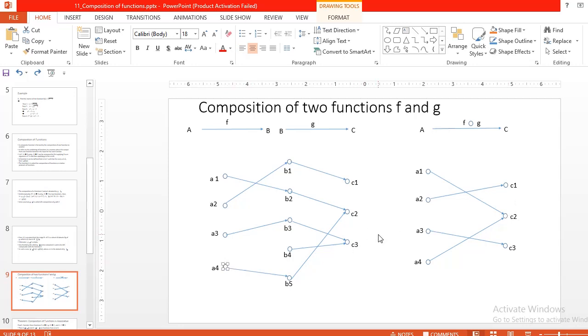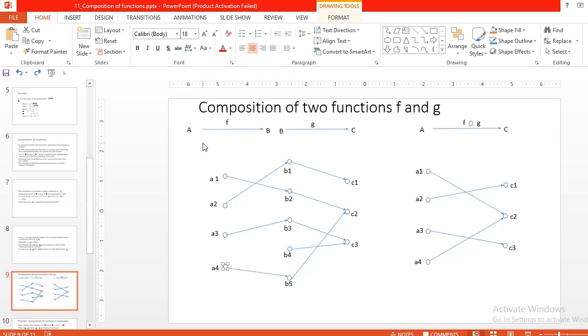Okay, so this is the representation of the two functions f and g graphically or diagrammatically. Here f is the function from A to B, g is the function from B to C, and this is the resultant function, the composition of f and g, that is A to C. Here we can say that the condition is that the range of f, which is B, and the domain of g, which is B, must be common.